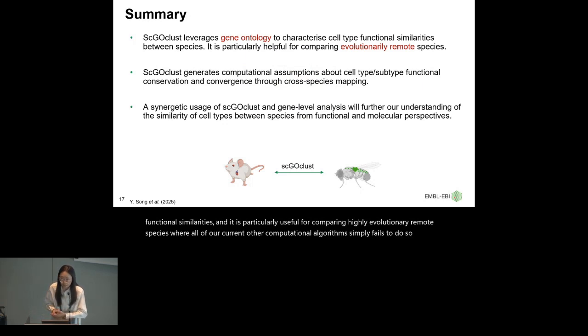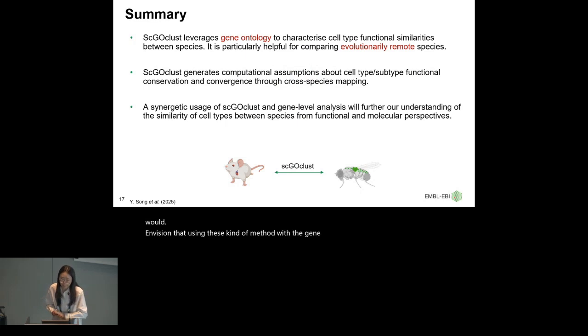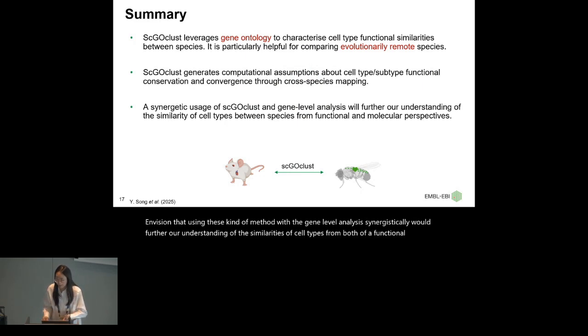Applying this method, we generated many computational assumptions of the correspondence of cell types and subtypes in terms of function, and we observed the conservation and convergence through these kinds of cross-species mapping. And finally, we would envision that using this kind of method with a gene-level analysis synergistically would further our understanding of the similarities of cell types from both a functional and a molecular perspective.